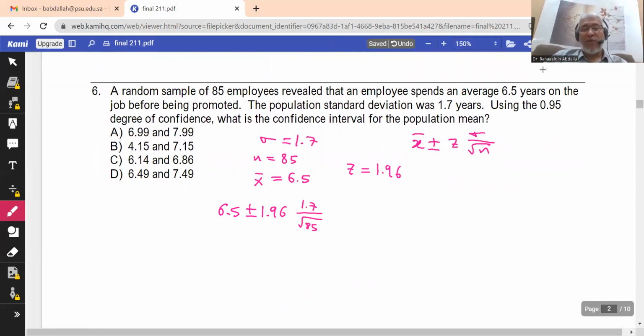This will give you an interval. If you evaluate 1.96 times 1.7 over square root of 85, this is 0.36.